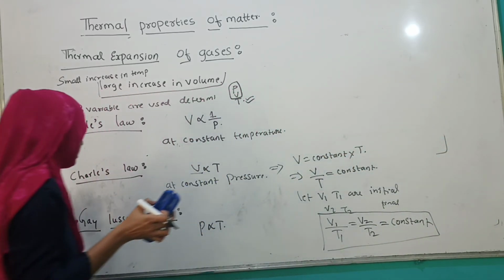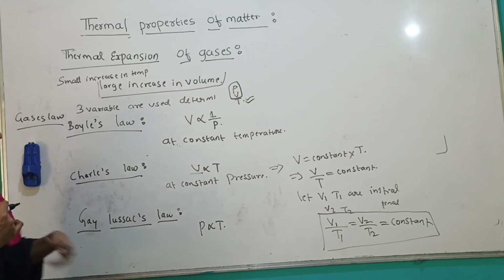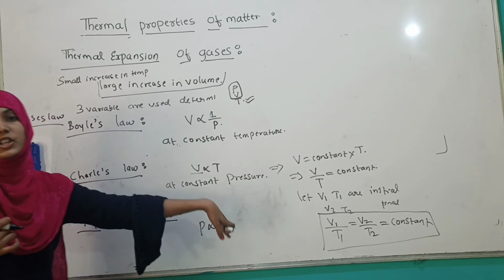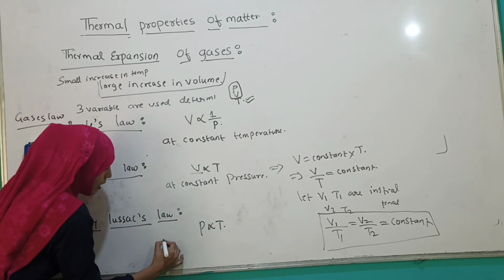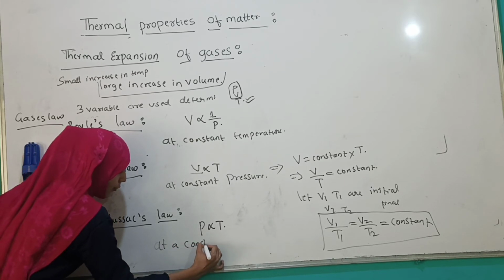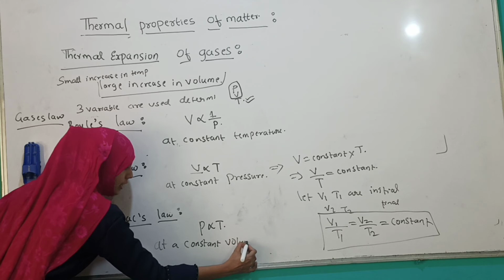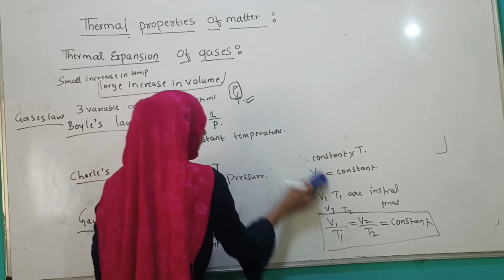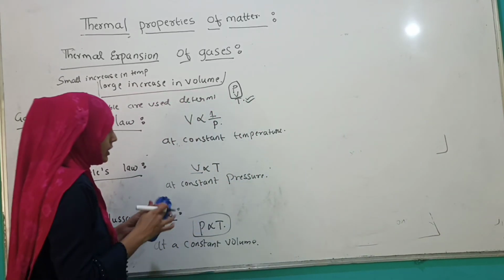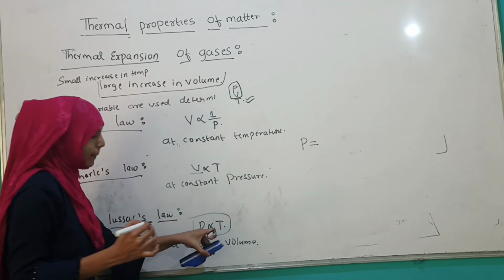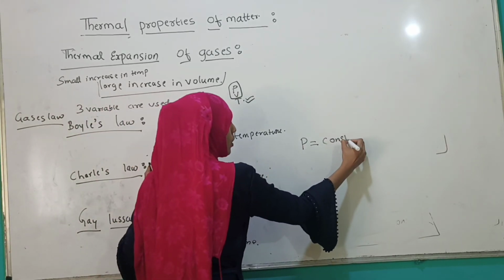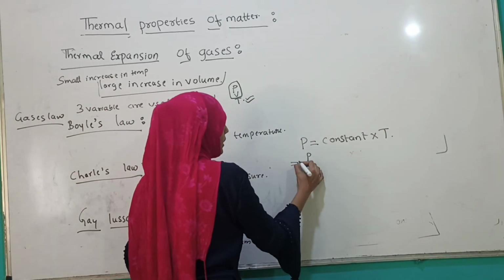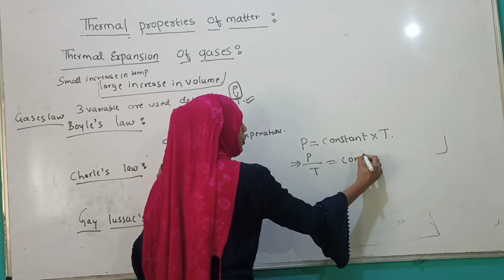Next, Gay-Lussac's law. Gay-Lussac's law states that the pressure is directly proportional to the temperature of a gas at a constant volume. Next, I can write this equation as P is equal to constant into temperature T. That implies P by T is equal to constant.